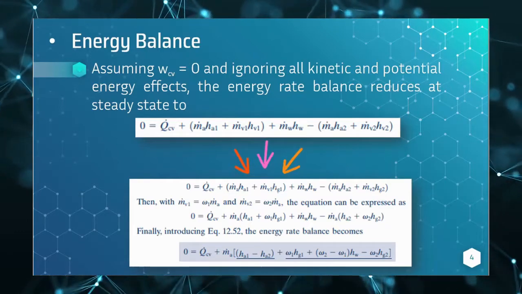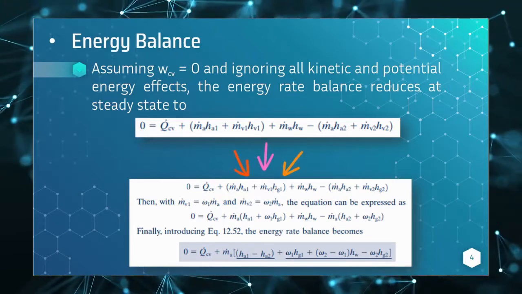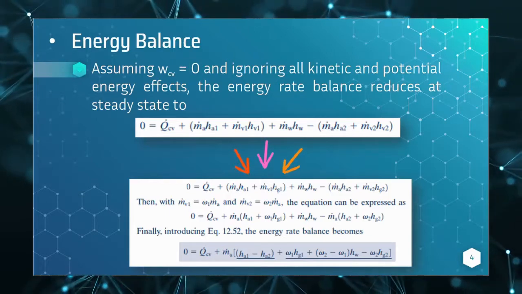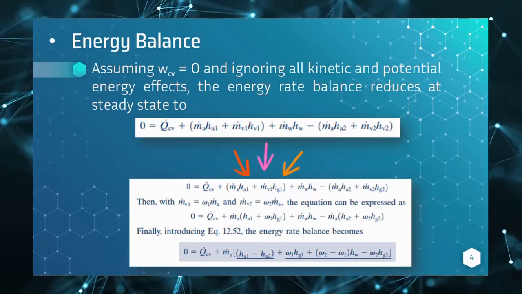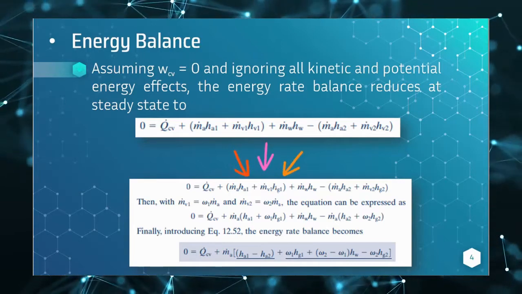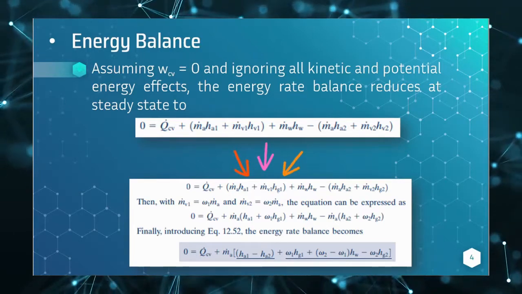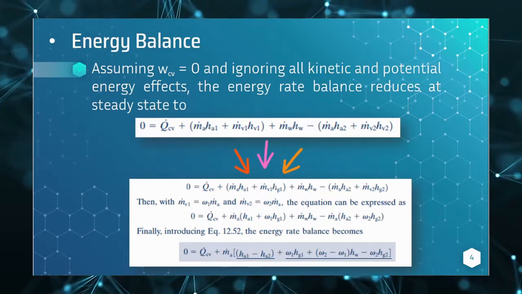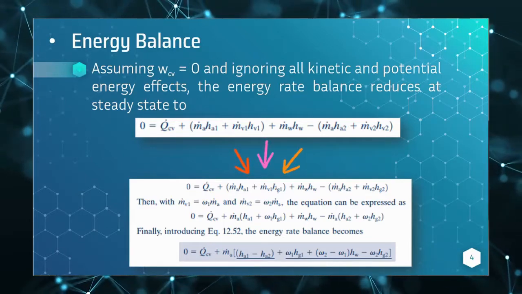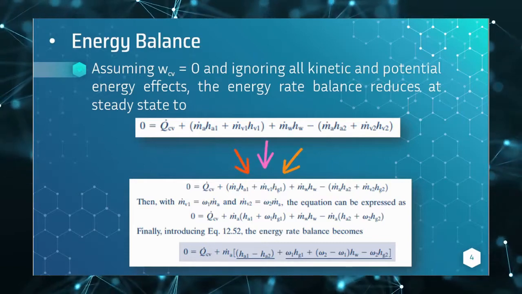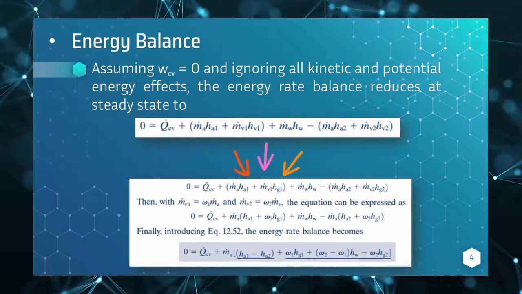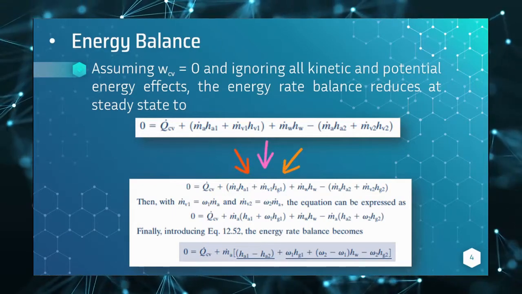First, the enthalpies of the entering and exiting water vapor can be evaluated as saturated vapor enthalpies corresponding to the temperatures T1 and T2 respectively, giving this second equation. Then, with m_v1 equal to ω1 m_a and m_v2 equal to ω2 m_a, the equation can be expressed as this third equation. Finally, introducing the equation for the water from the previous slide, we come up with this energy rate balance given here.